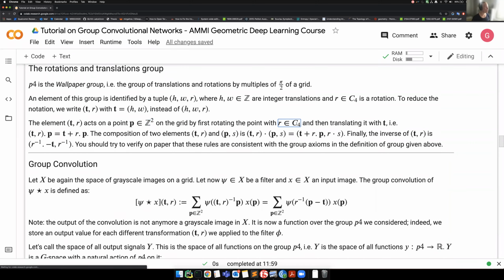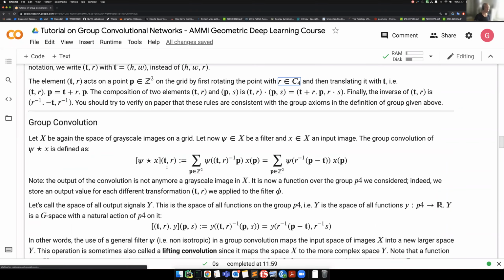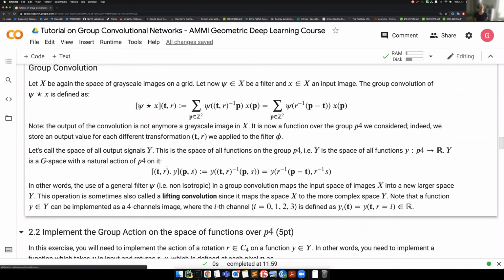So yeah, where we were left. Okay, we were talking about this function y, and this function y now is a function over all the pixels, but also for each pixel it is a function over the 4 channels. So imagine it as a 33 by 33 by 4 tensor.